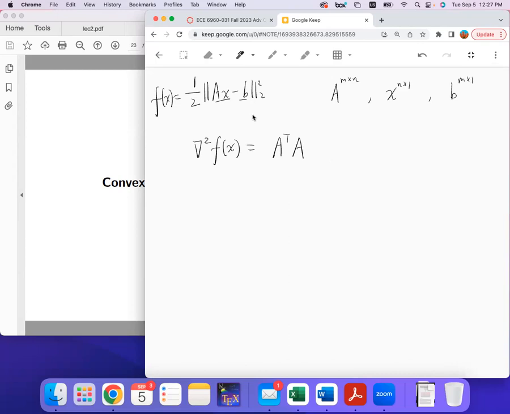Now, in many practical applications, the number of rows of A is far less than the number of columns.